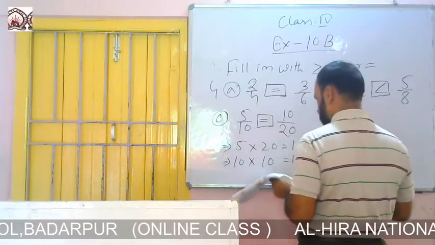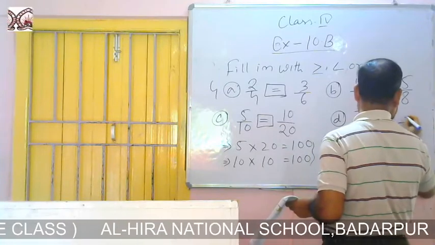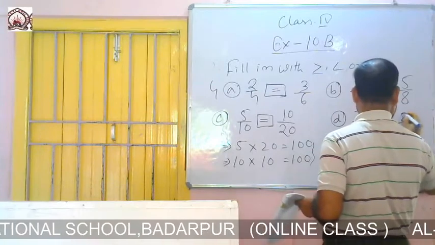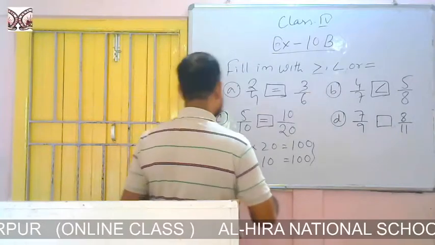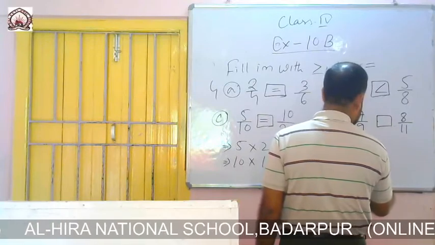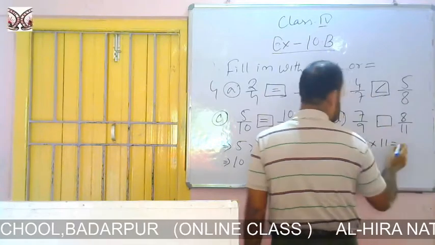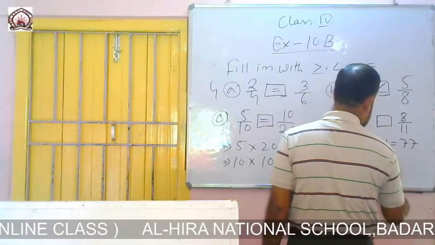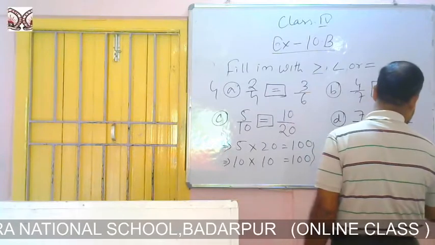7 by 9, 8 by 11. Here cross multiplication. 7 into 11, 7 11 are 77, and next 8 into 9, 8 9 are 72.